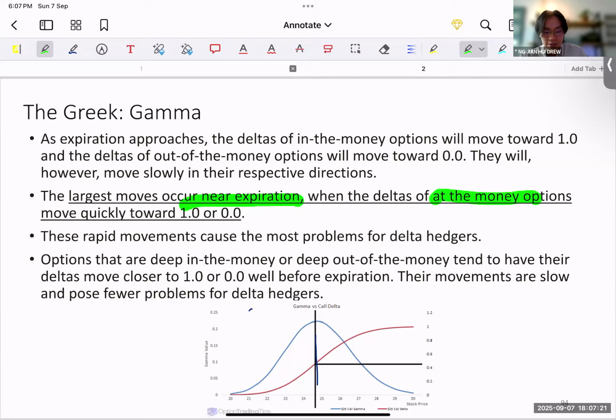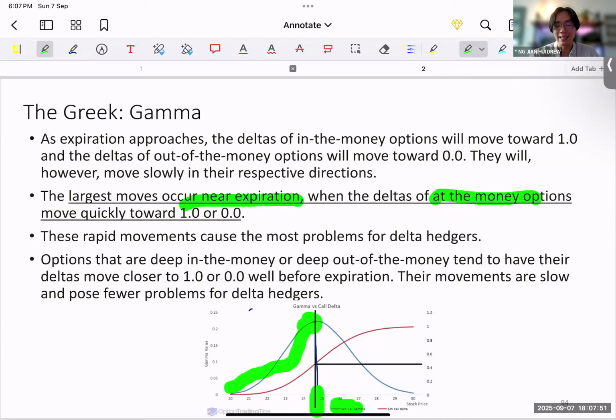So as we can see in this graph, what's important is that we see there's this $25 call for gamma, right? So we know that 25 is the exercise price. As we go closer and closer to the exercise price, so the stock price keeps going closer and closer, you see the gamma increasing until it's highest at the point at the money, right? Meaning at 25.